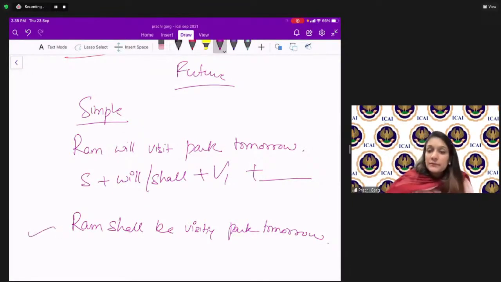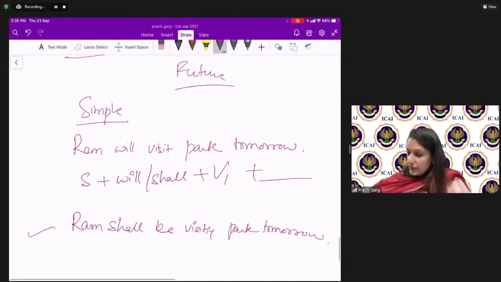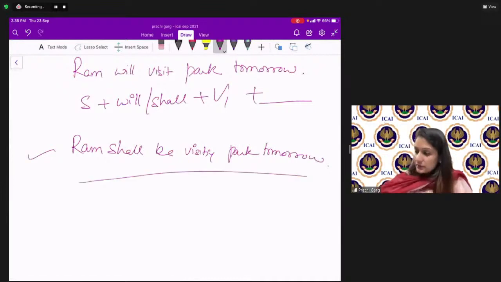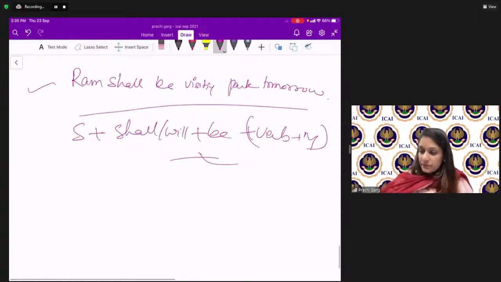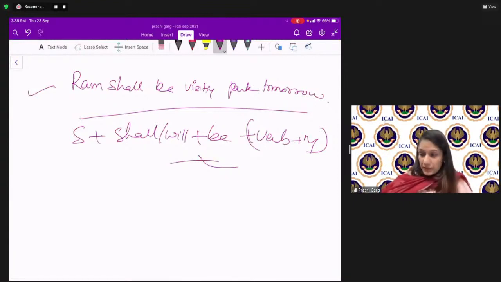I am planning something and I will be using future continuous because I'm planning something for the future. Clear? Yes. Okay. Next is, oh yeah, the sentence structure. You have subject, shall or will, then you use be, then you use verb plus ing, and then the rest of the sentence. Next is the future perfect.